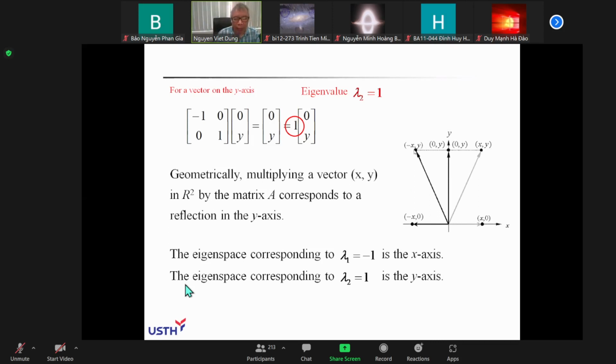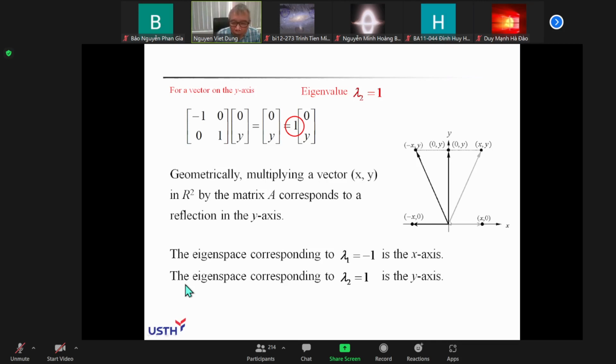And if you find the eigenvalues and eigenvectors, you will see that the vectors lying on the x-axis are eigenvectors corresponding to the eigenvalue -1, and the vectors lying on the vertical axis here are eigenvectors corresponding to the eigenvalue 1.